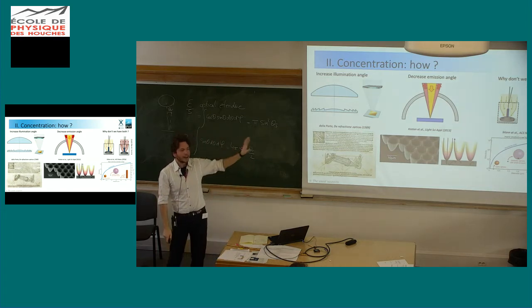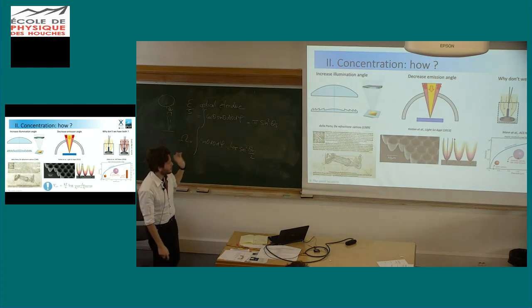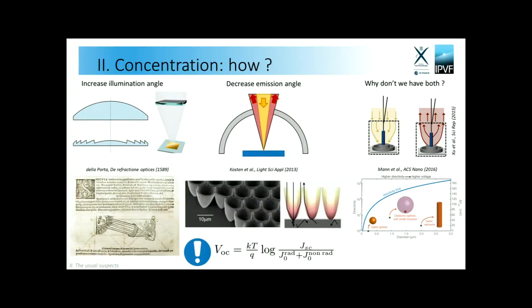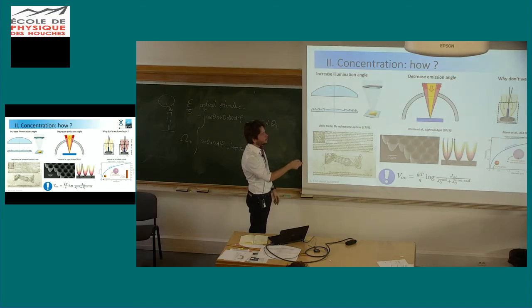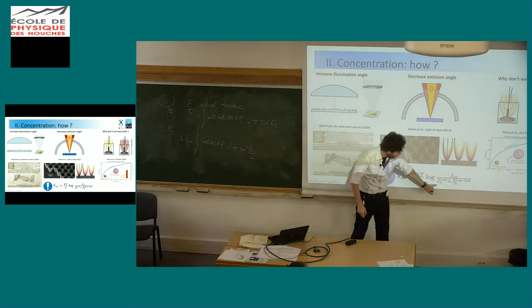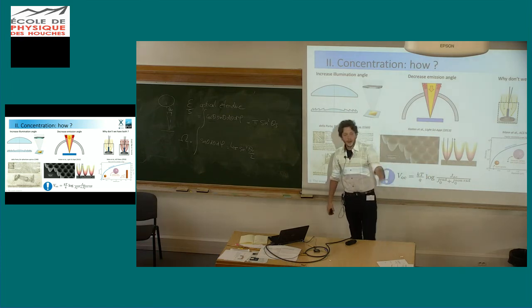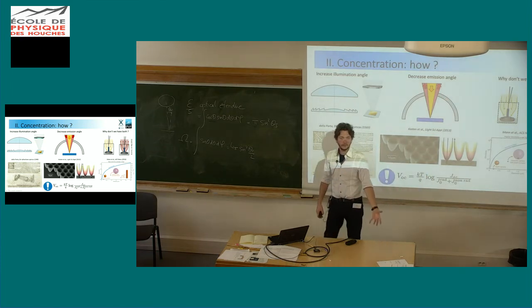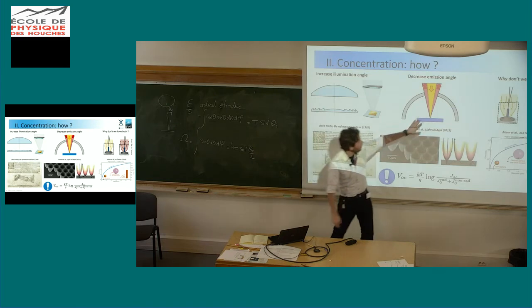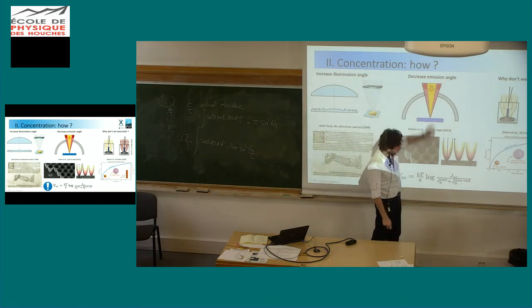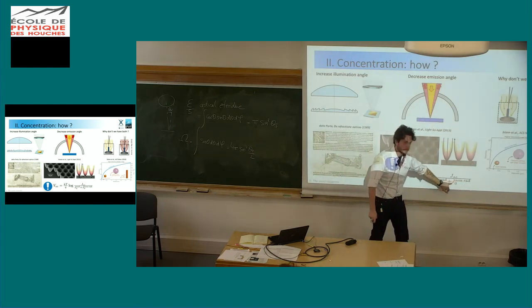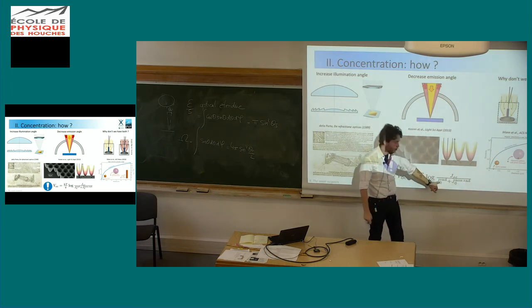Now, there is something where I want to warn you here, which is pretty important, is the fact that when you're doing these things, when you're trying to reduce the emission angle, what you're really reducing is just the radiative dark current. You might have many other ways of losing your carriers. And when you reduce the radiative losses, you're not changing these other terms, which most of the time are much more important than this one.